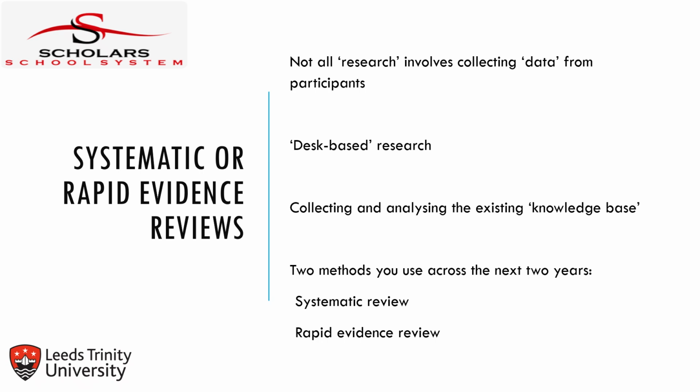Basically, all the students have to use two types of methods throughout the 2 years, that means level 5 and level 6. They can use a systematic literature review, and the other is a rapid evidence literature review. So what is a systematic literature review?